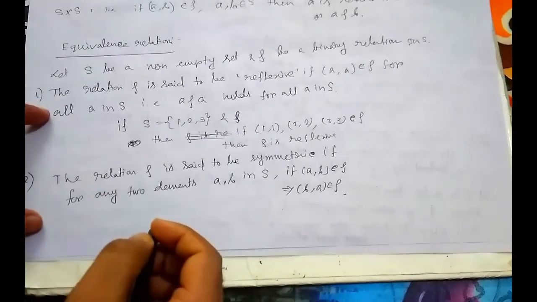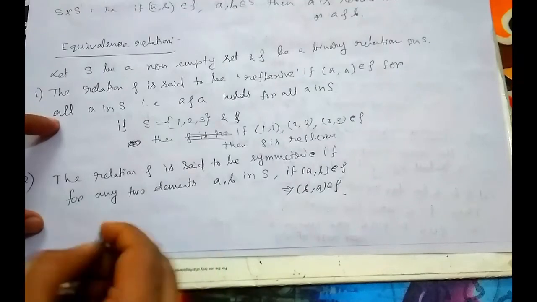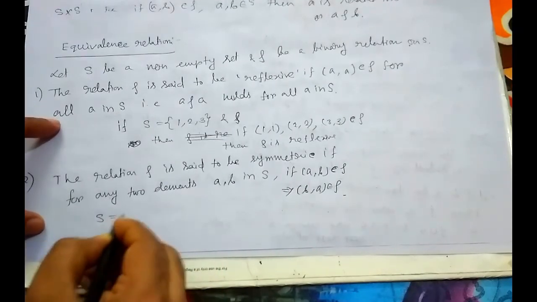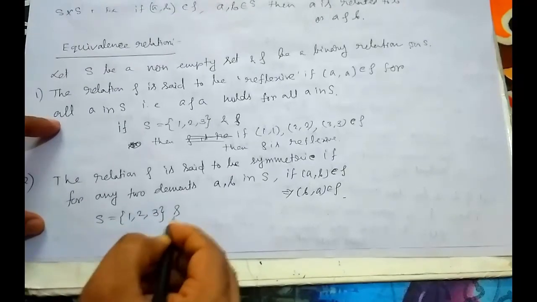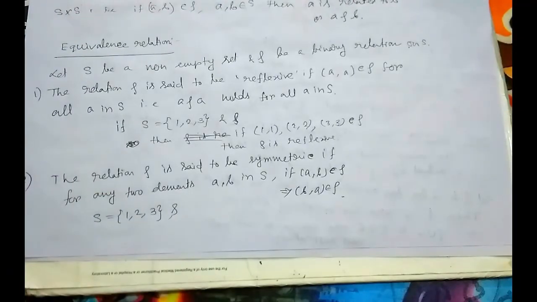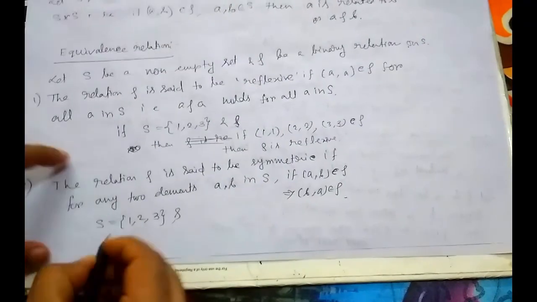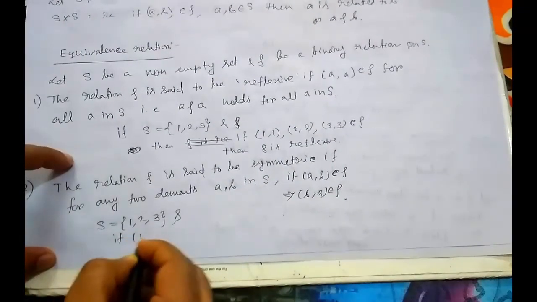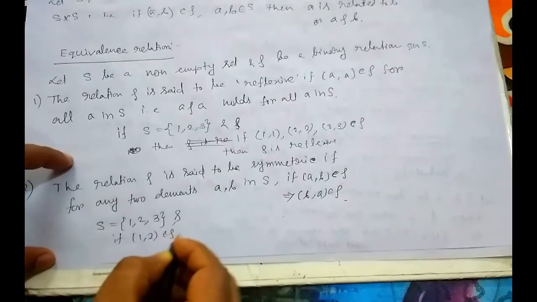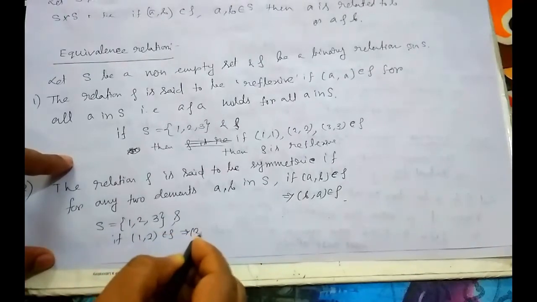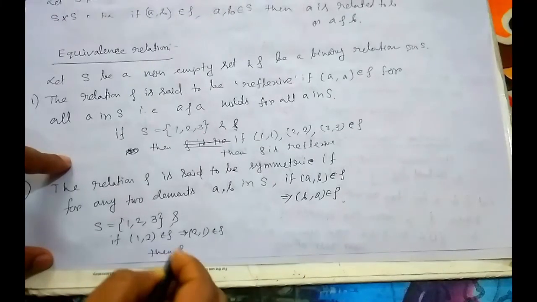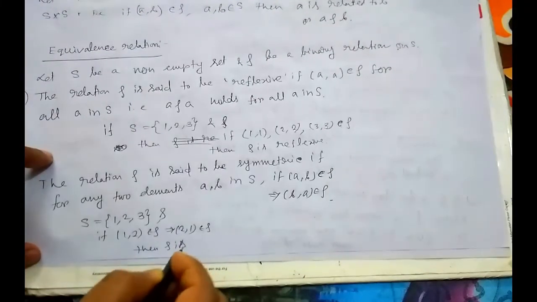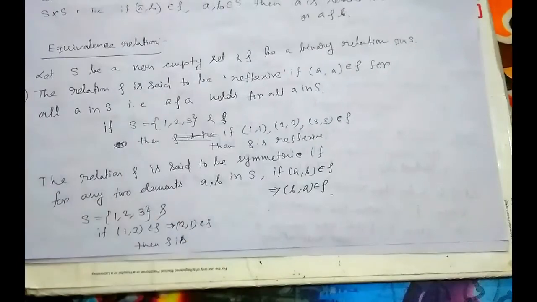Let me take an example. I am taking the similar set S, and rho a relation on S. Then if 1 comma 2 belongs to rho implies 2 comma 1 belongs to rho, then rho is symmetric.